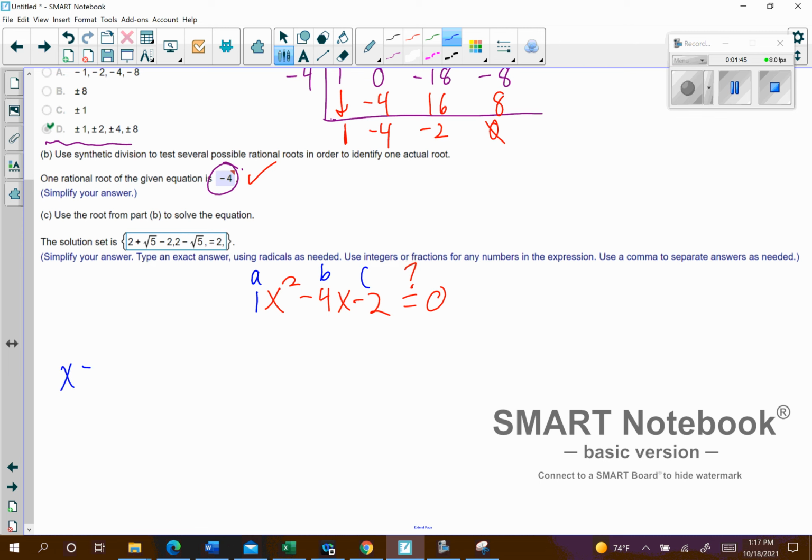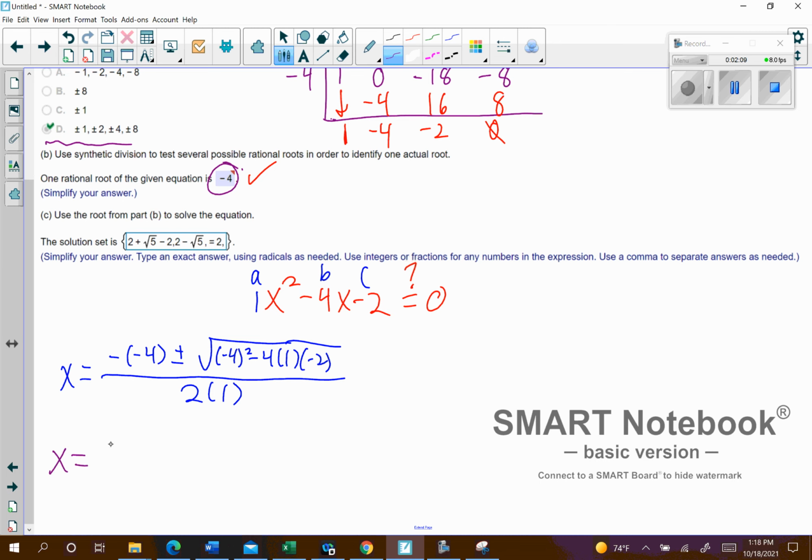So let's see, x equals, so we're going to have negative 4 plus or minus the square root of negative 4 squared minus 4 times A times C, all divided by 2A. And then we'll clean this up.